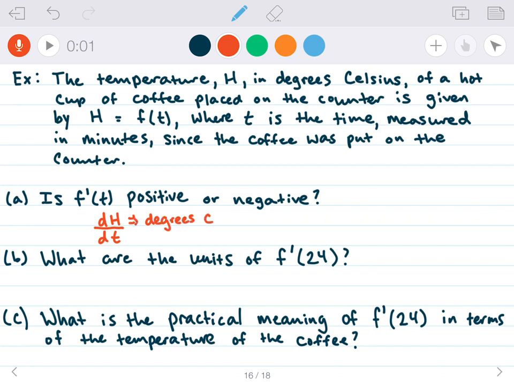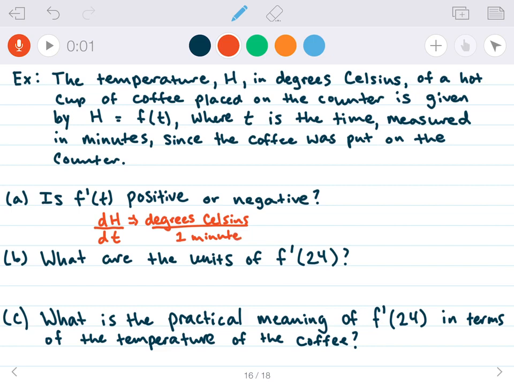Maybe I shouldn't put equals, maybe I'll just put an arrow. Celsius. Oh, gosh, I can't spell either. I hope that's spelled right. If not, it's okay. And t is going to be in minutes, per minute.